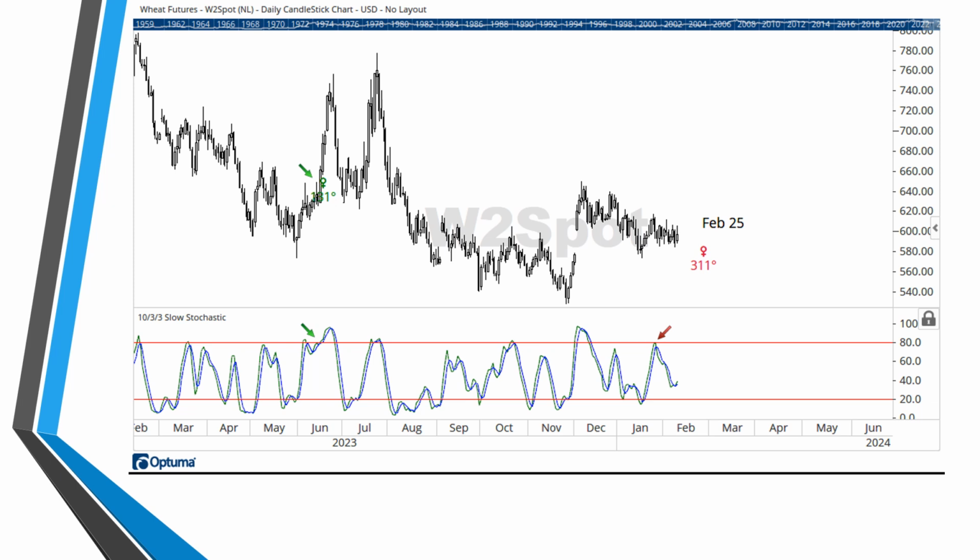I can also tell you that seasonally, typically, the price of wheat in February will reach an interim high, and it will then decline, and it will make a low coming into early April, and then it typically rallies right into harvest time. So we've got something interesting coming here.